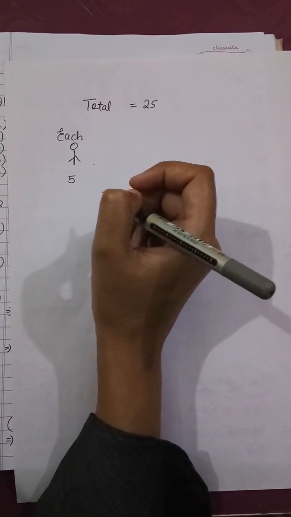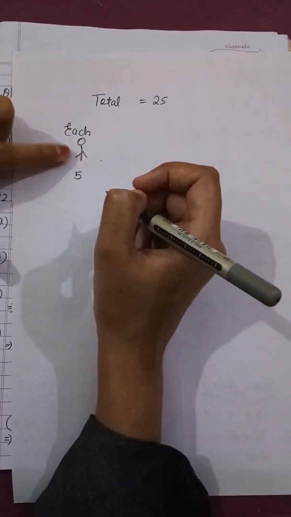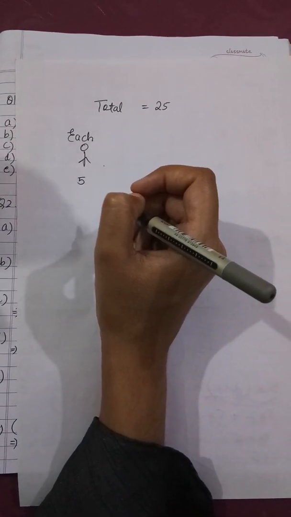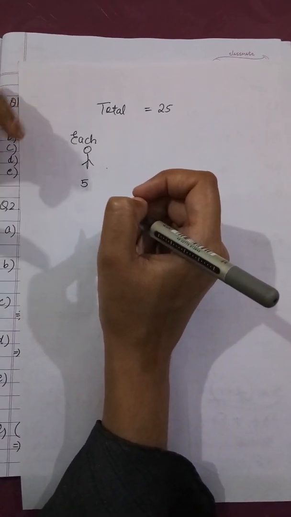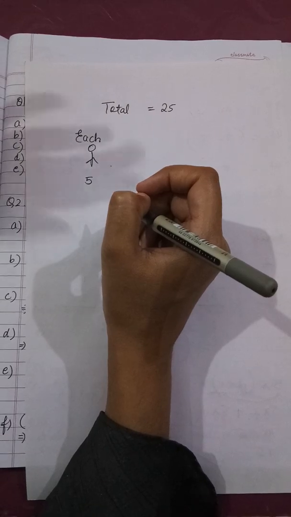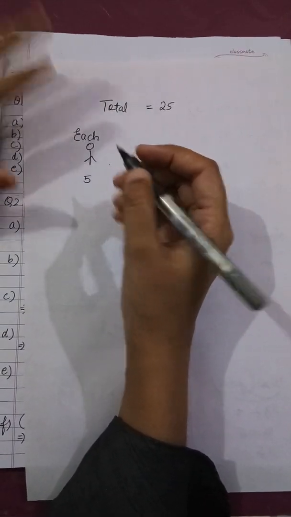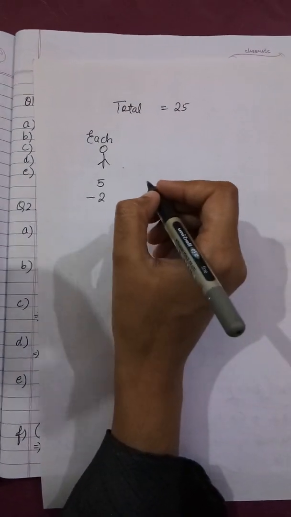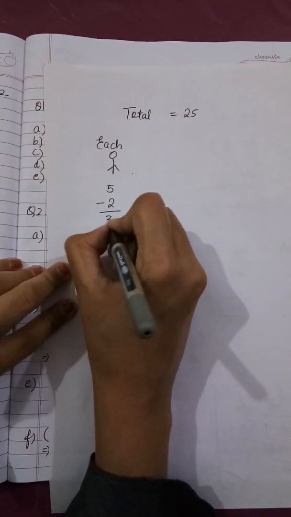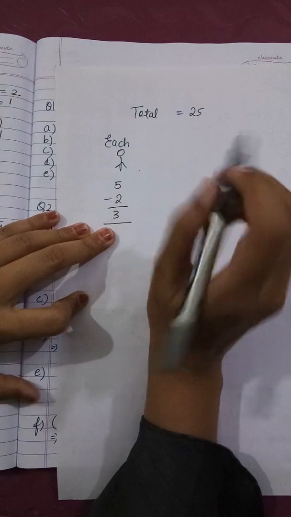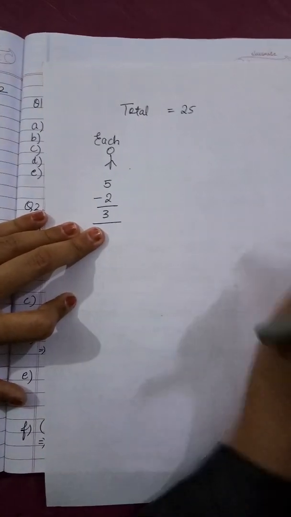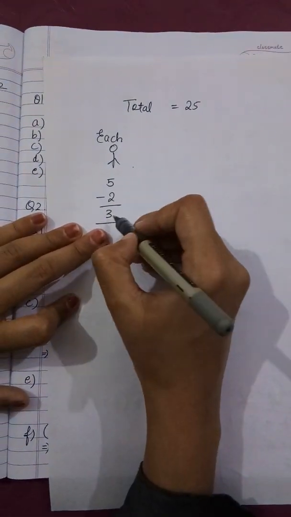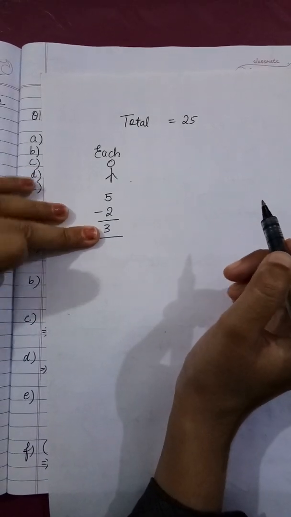To each child he is giving. Now this child is saying that I am going to give 2 chocolates out of these 5 to the orphanage children. So he has given 2. If he has given 2, how many are left with him now? 3. He is having 5 chocolates and he has given 2 to the orphanage children. Now how many are left with him? 3 are left with him.